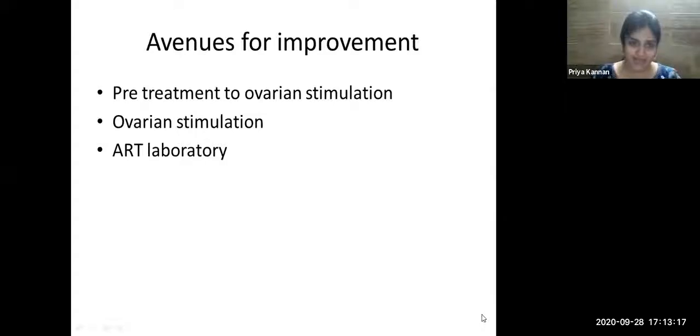So when they land with ART, how can we improve? Where are the avenues that we can improve? The first thing is always pre-treatment to ovarian stimulation. Then the actual crux of the entire thing, ovarian stimulation. And what all do we have to do in the IVF laboratory which can contribute to increasing the success of such patients?